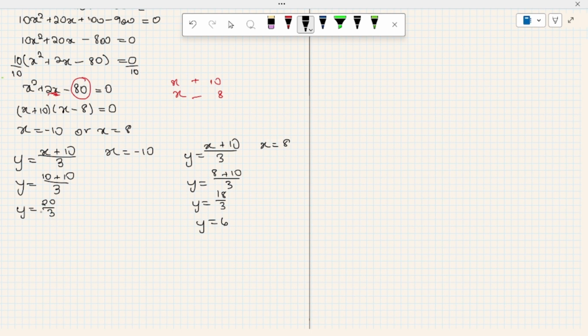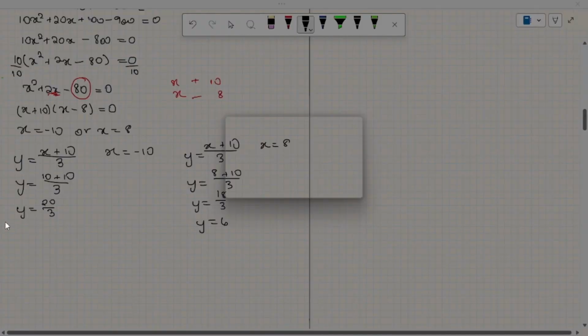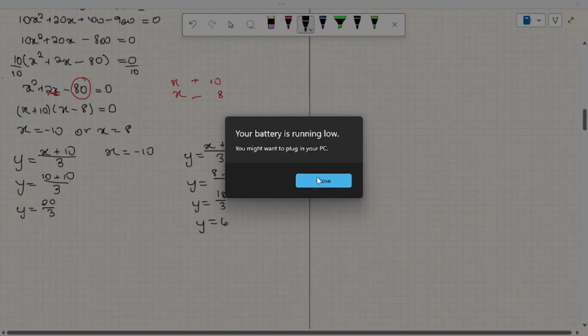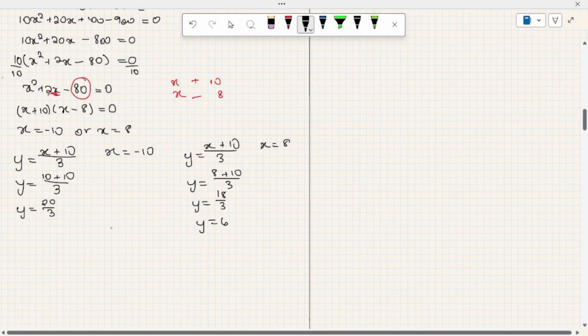This is an improper fraction, so how many times does 3 go into 20? 3, 6, 9, 12, 15, 18.